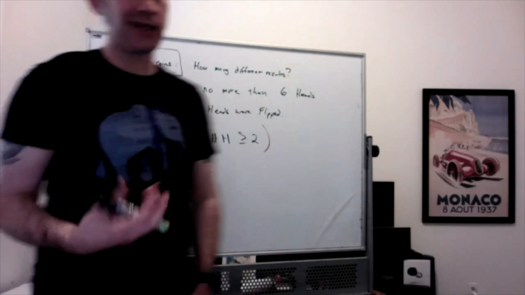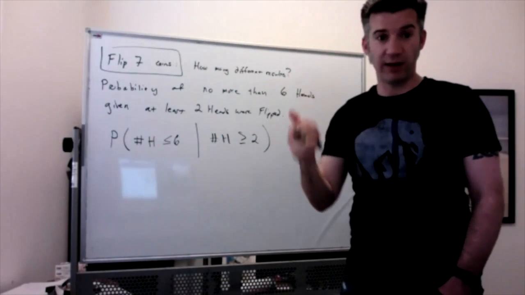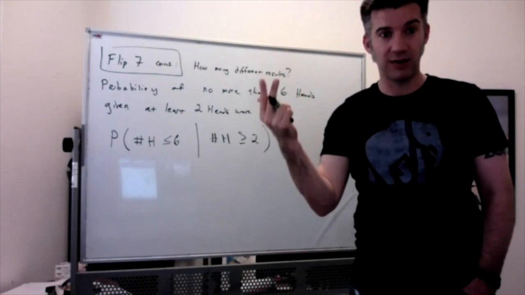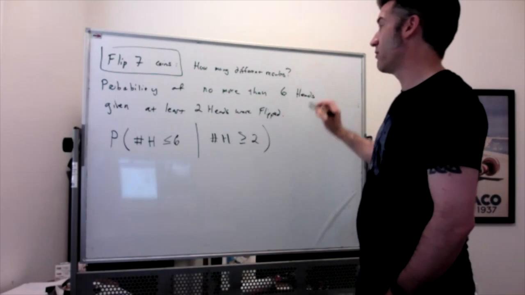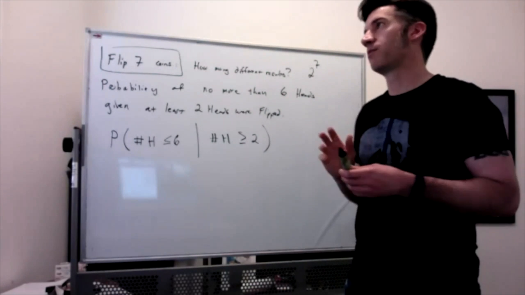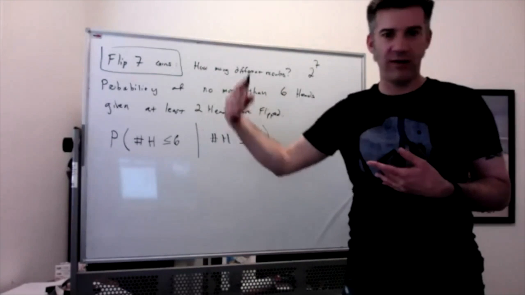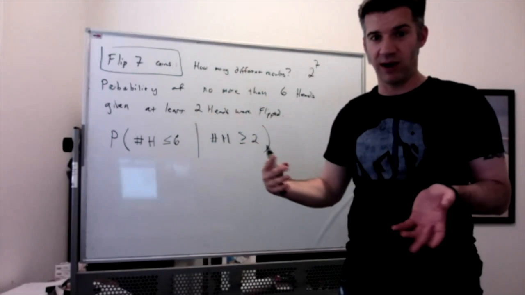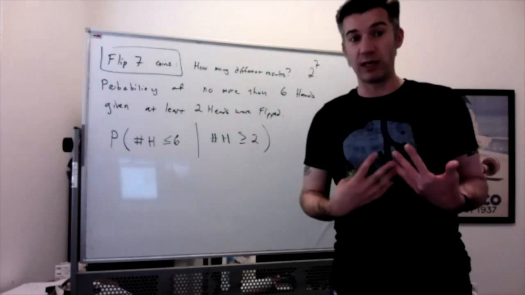Well, each coin has 2 possibilities, heads or tails. So you can have heads or tails and heads or tails, 7 times. The number of ways you can flip 7 coins is 2 to the 7th power. Now, the tricky part is you're like, well, James, if I flip the first coin as a head, or the second coin as a head, is that the same? And the answer is no. We're thinking of each coin as being distinct.